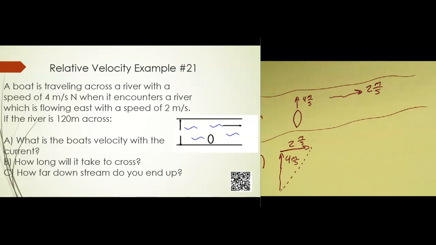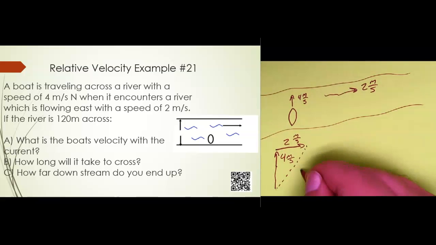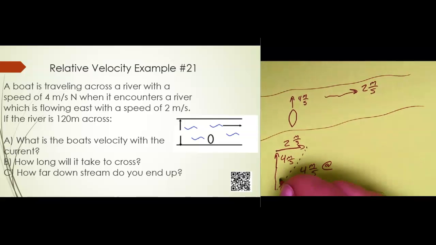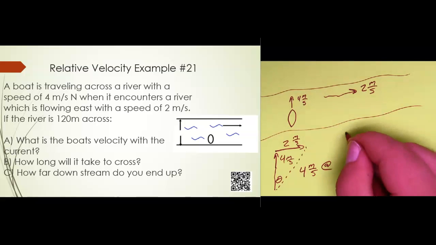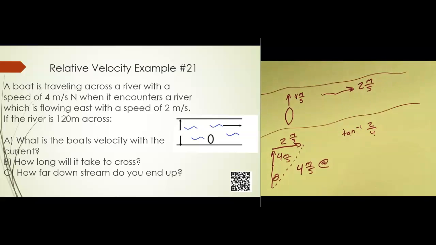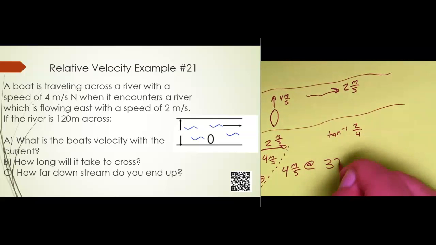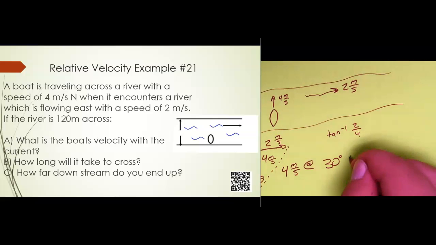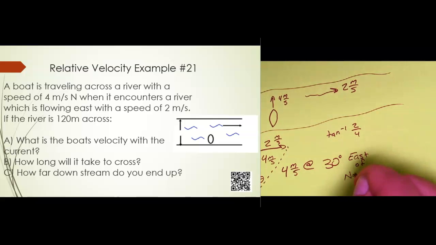All right, I need 1 sig fig, 4 meters per second. I got to find theta, so the inverse tangent of the opposite over the adjacent. Hopefully you guys are starting to get in a routine. So 1 sig fig at 30 degrees, let's see, east of north.